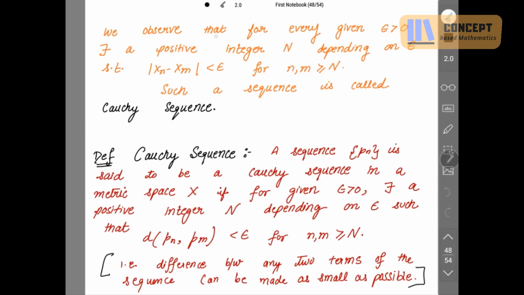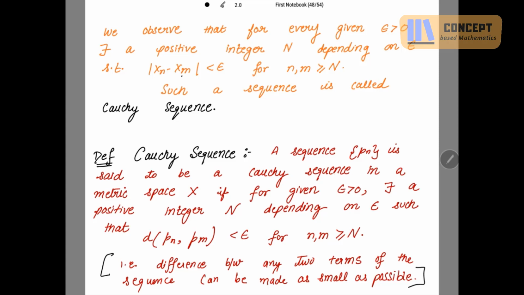So we observe that for every given epsilon positive, there exists a positive integer n depending upon the value of epsilon such that the mod of xn minus xm is strictly less than epsilon for n, m greater than or equal to n. So such a sequence is called a Cauchy sequence, right? Now the definition for Cauchy sequence.